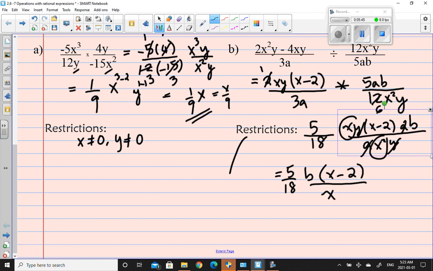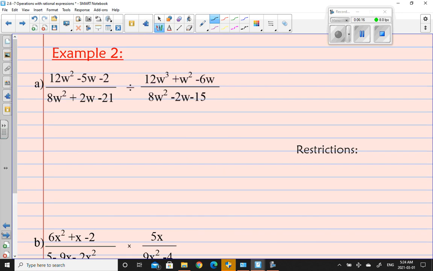Okay, and the restrictions are, you go back to the given expressions, right? a cannot be 0, and b cannot be 0. And also in the denominator, when we flip, we have x and y, so x cannot be 0 and y cannot be 0. Okay, all of them cannot be 0.